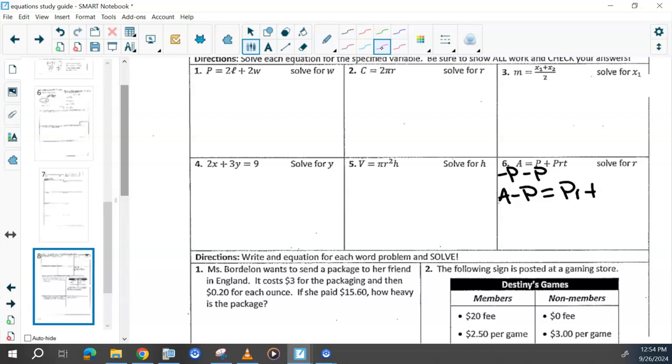And then I can get rid of p and t just like we did for the last problem. Divide everything at the same time. So these cancel, those cancel. So we have A minus p over pt as our final answer. Last question.